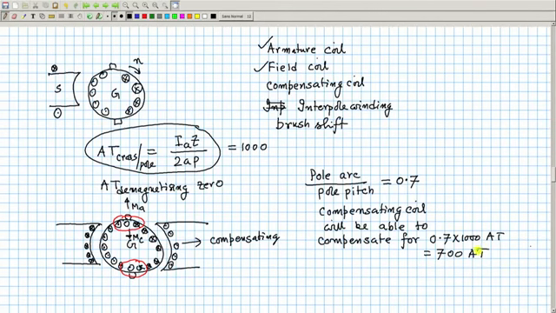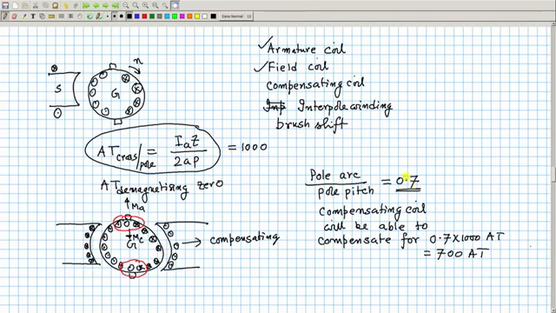So, about 70% of this, depending upon this ratio, 700 will be compensated. Then, if I know the armature current, since I will connect the compensating coil in series with the armature, by dividing this 700 by the total armature current, not I A by Z, I can fix the number of turns needed for the compensating coil. That is over.